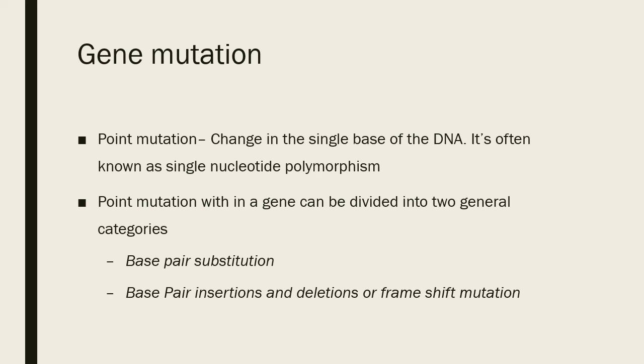So what is point mutation? Point mutation is the change in a single base of the DNA. It is often known as single nucleotide polymorphism. Point mutation within a gene can be divided into two general categories: one is base pair substitution, and the other is base pair insertions and deletions, or frame shift mutation.